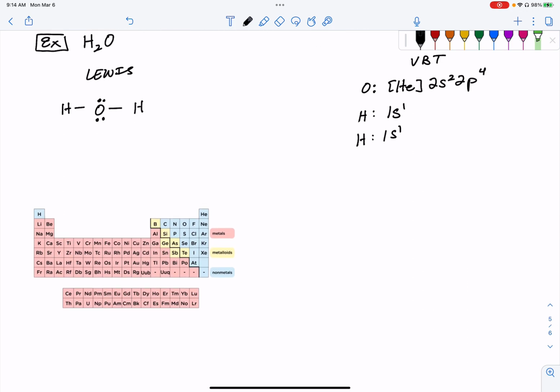Because I have this 2s and 2p, if I look at the oxygen orbital diagram, 2s, and I'm going to draw this vertically to save space, 2p, it would look something like this. So 2s, 1, 2, 2p, 1, 2, 3, 4.